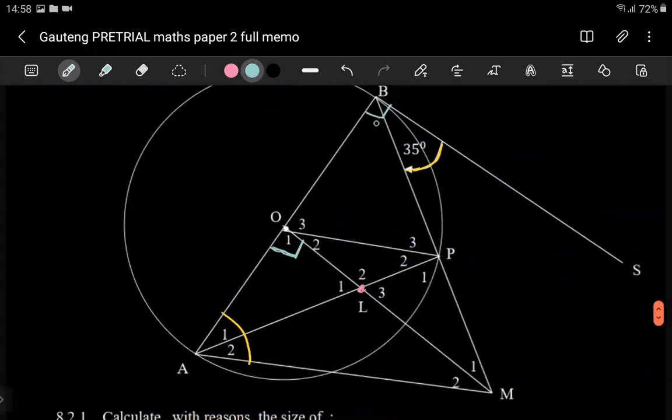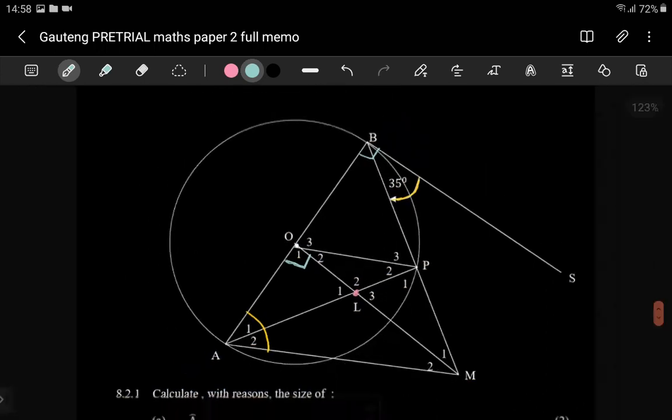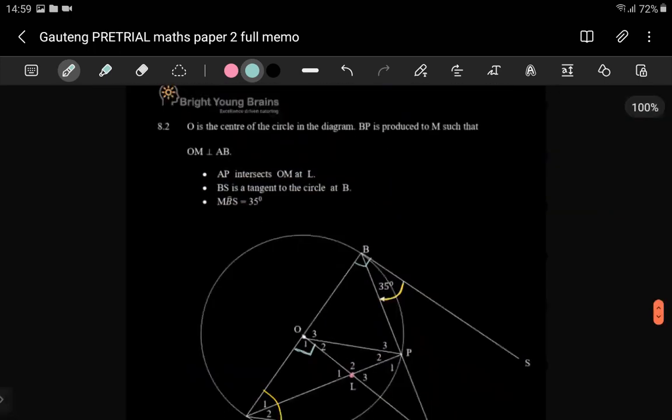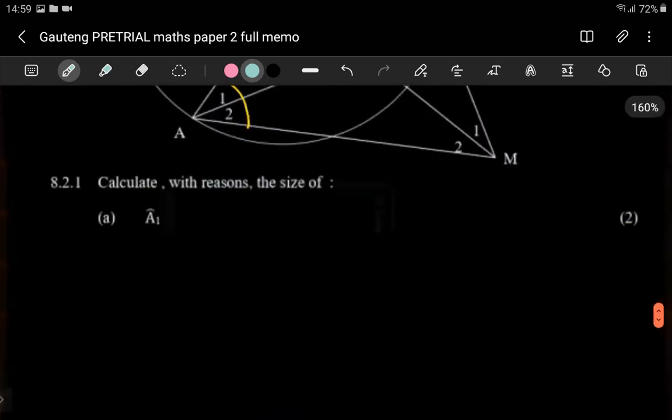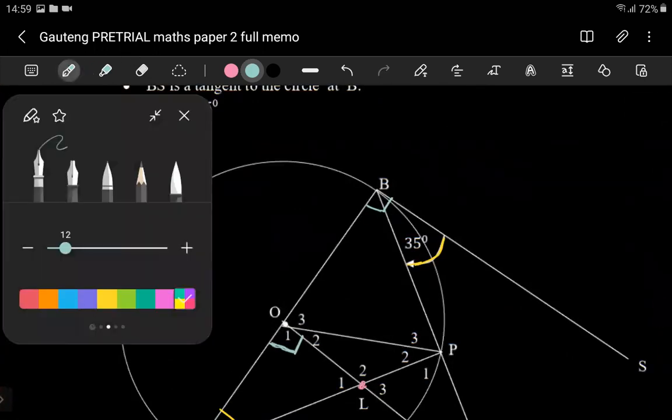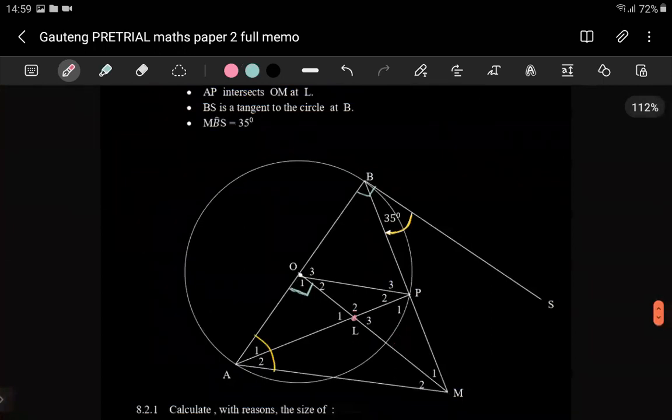So if this is 90 and O1 is equal to 90, because they gave it to us as a 90-degree angle. They said AB is perpendicular to OM. So if this is 90 and this is 90, it means that we're dealing with lines that are parallel here. So all these conclusions here, you need to keep in mind that they're going to help you as you will be working out questions that they can ask.